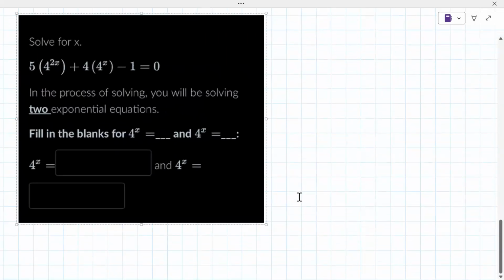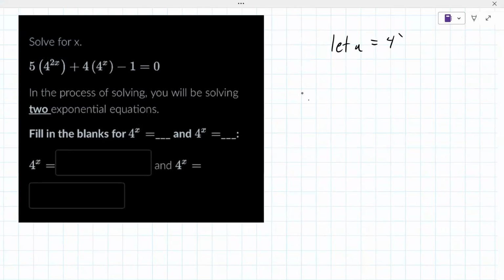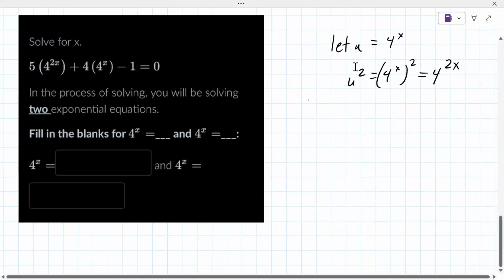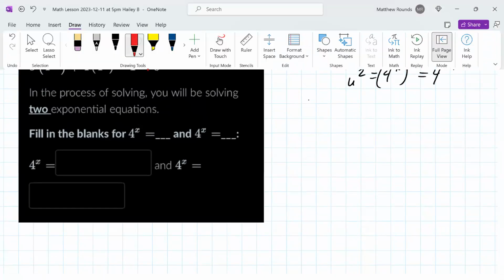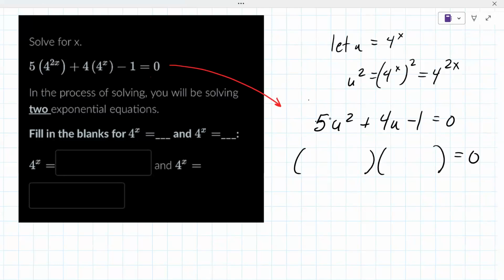All right. So this is a higher order substitution problem. You end up letting u equal 4 to the x, and then when you square 4 to the x, that becomes 4 to the 2x. Reason is exponent to exponent, you multiply. So your equation becomes something more manageable, something more that you're used to. 5u squared plus 4u minus 1 equals 0. This will be 5u and u.